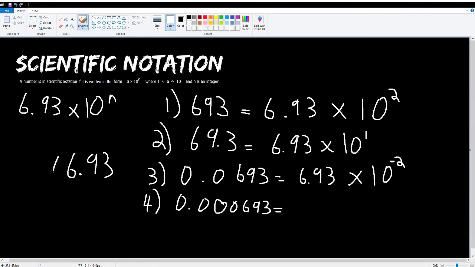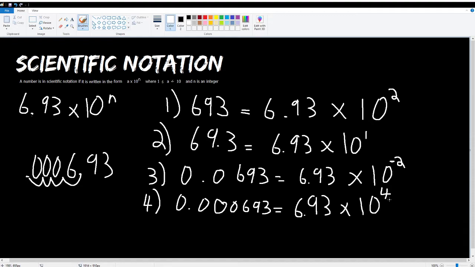So let's see. I'm just writing out the zeros, and then we can see what's going on. So we have to move it once, twice, 3 times, 4 times. So what does that mean? That means 6.93 still is the same, this is the same for all of them, times 10. How many times did we move it? Well, 4 times. It was 1, 2, 3, 4.